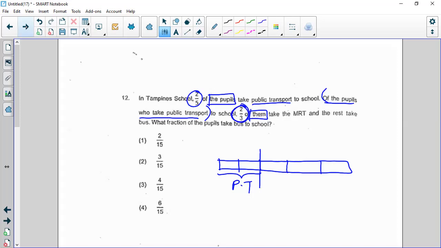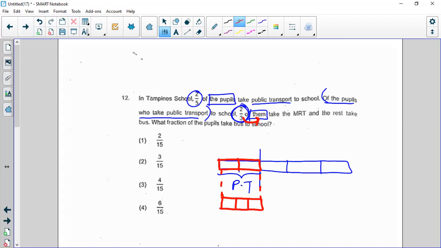It's talking about these pupils who take public transport. And you need to cut into 3 boxes, right? You look at the 2 red color boxes. Can you cut into 3 boxes? Cannot. So what must you do? You drop down and you cut into 3.